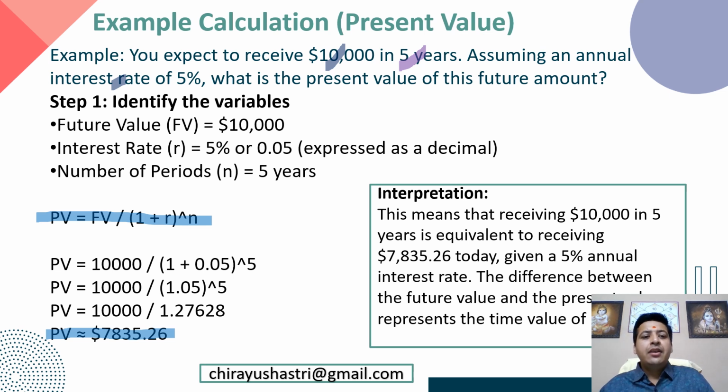So we are planning that whatever amount you are investing, there is a return over this investment, and whatever investing value you go with, there is always a present value of that item. Okay, so it's a simple thing. So what is the present value of your investment? That is $7,835.26 after 5 years, because 5% is negligible.